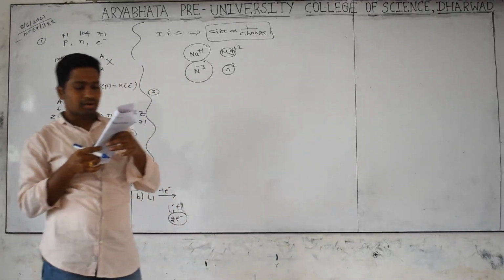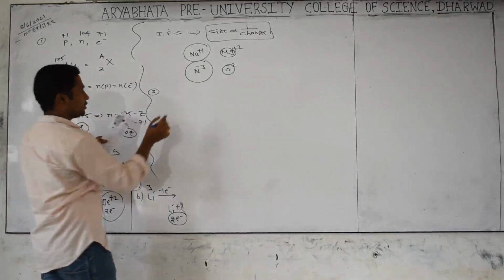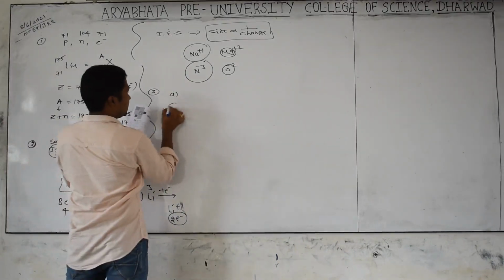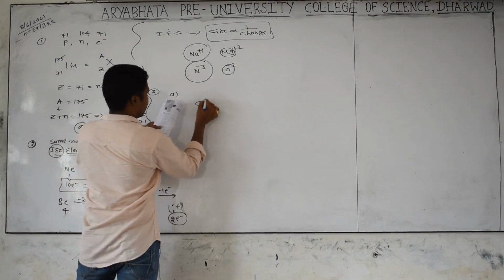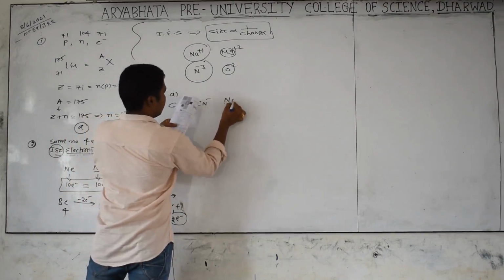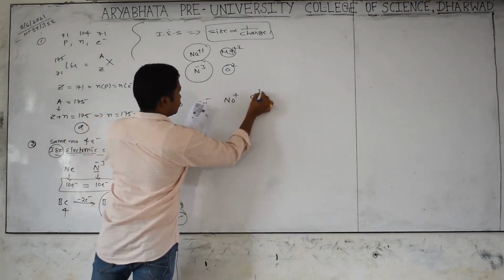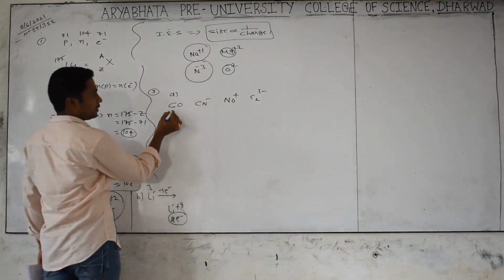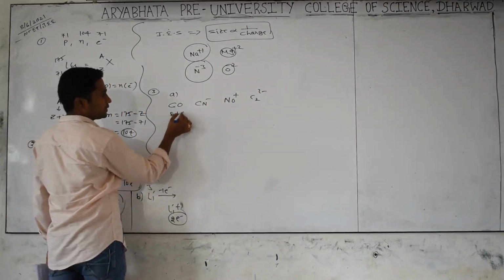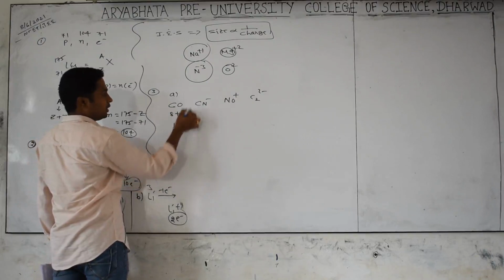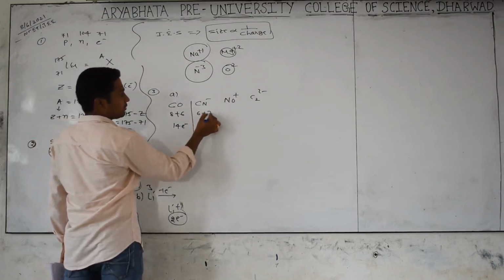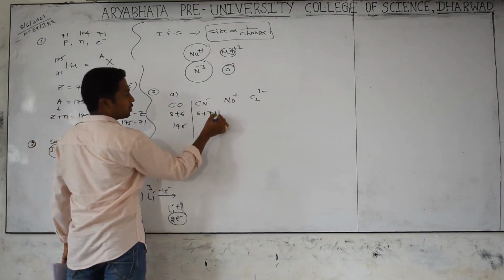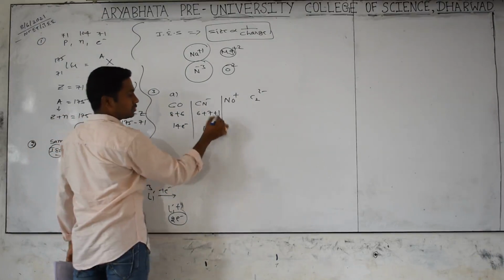Isoelectronic species are given. I think you check the first one. Option A: CO, CN minus, NO plus and C2 2 minus. Very simple: CO has 8 plus 6, 14 electrons. Next, CN minus has 6 plus 7 plus 1, we get 14 electrons.